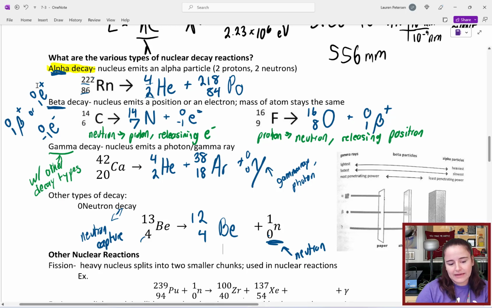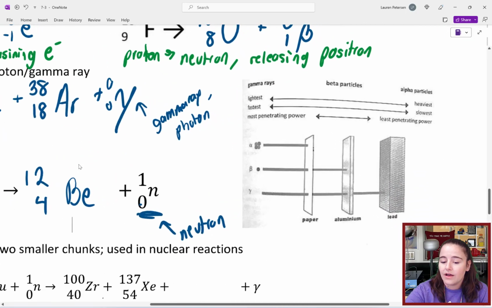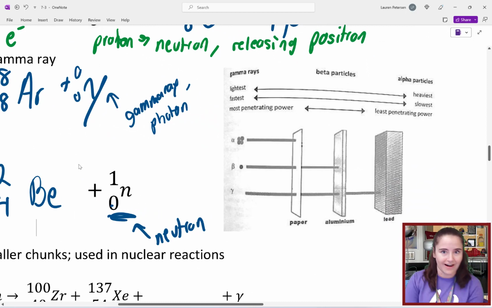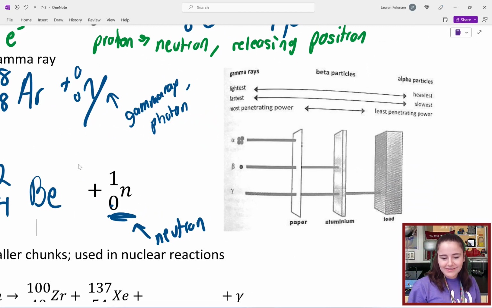Now, for the 3 main types of decay, alpha, beta, and gamma, sometimes you'll hear them talk about how penetrating they are. Okay? I know, fun. So alpha particles, because they're so big, they are slow, and they don't travel very far before they themselves tend to decay.